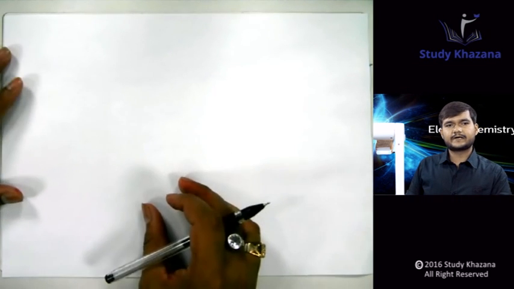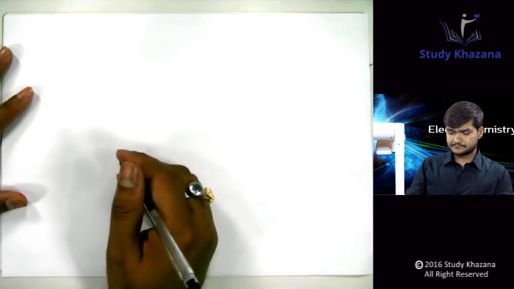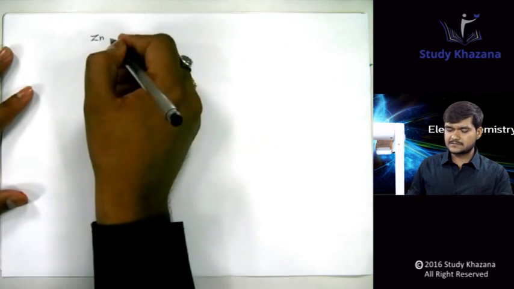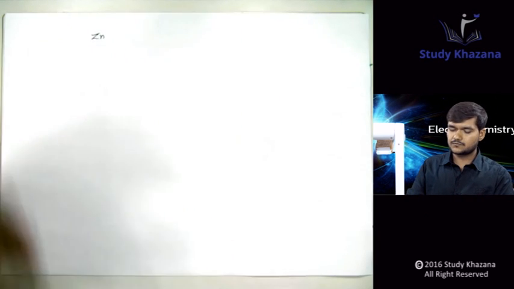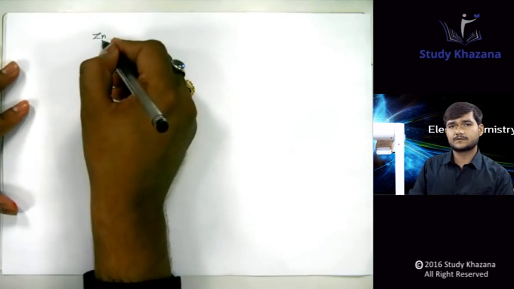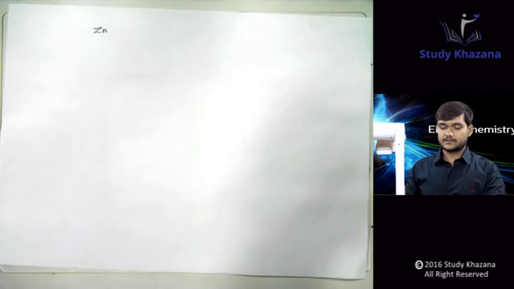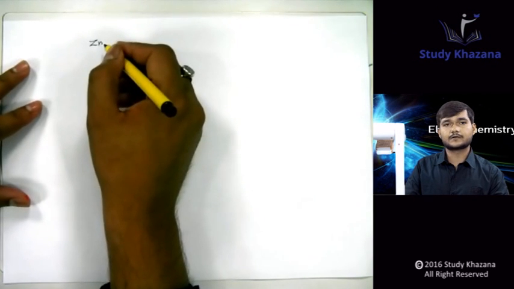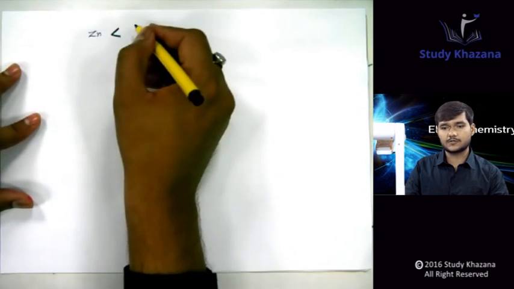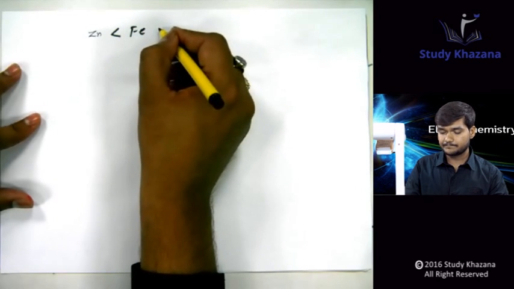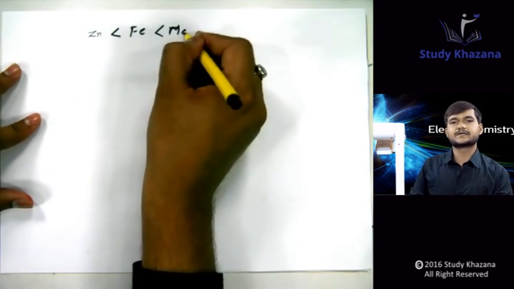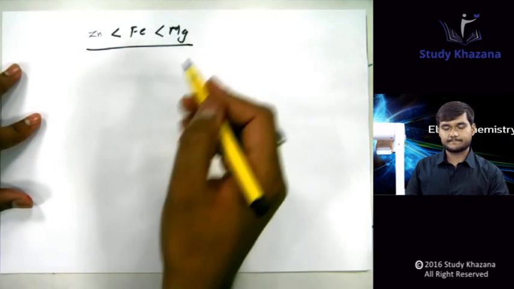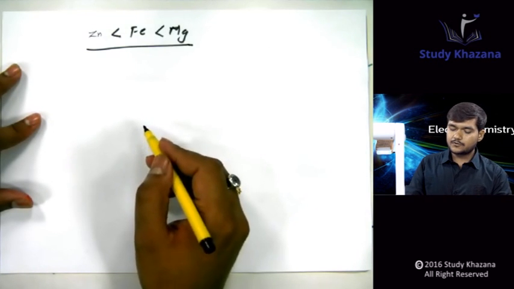So here you can find zinc is having the least negative, so zinc is the weakest reducing agent. Zinc has the least negative, then comes iron, and then magnesium. So this is the increasing order of reducing nature.